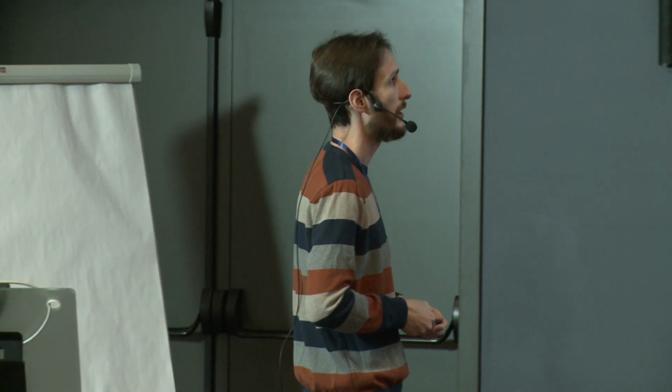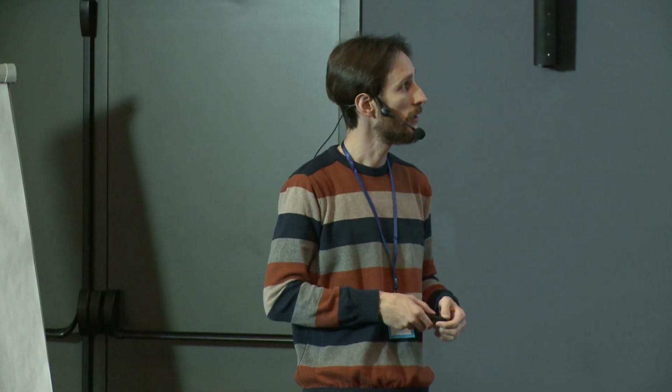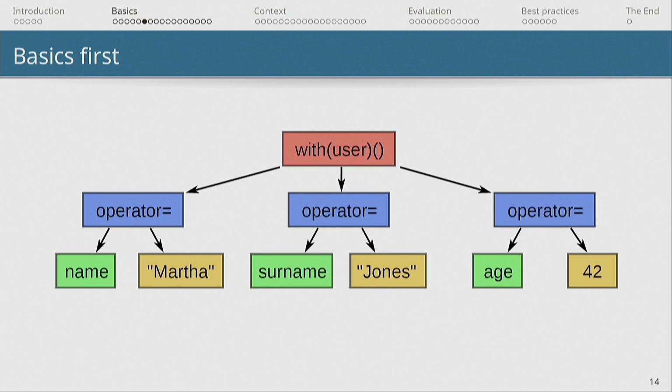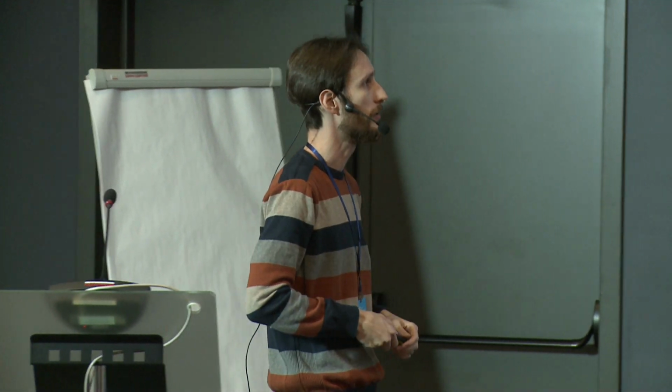So if we were to draw the abstract syntax tree of the previous expression, we would have the with object as the root of our AST, and we would have operator equals that joins a field and a value, operator equals that joins a field and a value, and the third time the same.